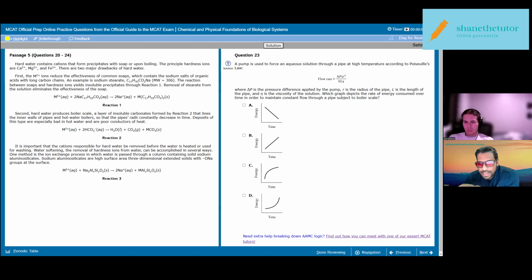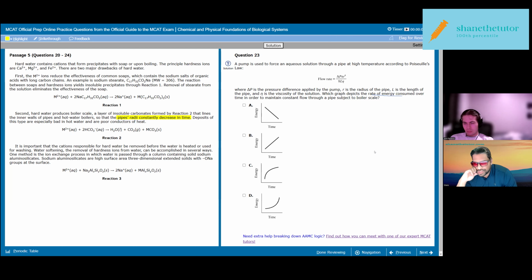L is the length. It depicts the rate of energy consumed over time to maintain constant flow through a pipe subject to the boiler scale. So the energy part, the rate of energy consumed.